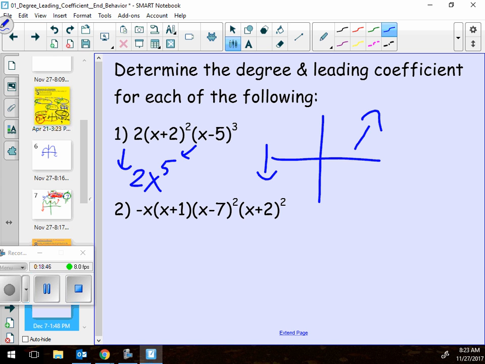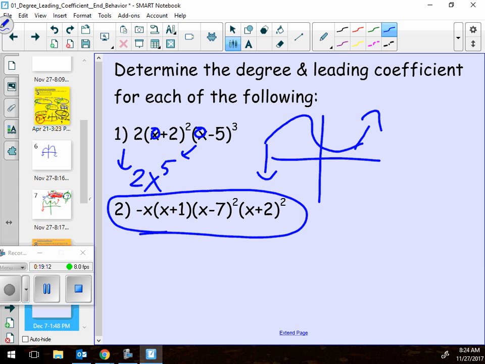So this one's down on the left and up on the right. And in the meantime, we don't even know what happens. If you wanted to be extra smart, you could set x equal to 0 and figure out what the y-intercept was. I'm not going to require you to do that. I'm just leading you because that's where we're eventually going to go. So you can connect this any way you want to. There. Okay. This guy.